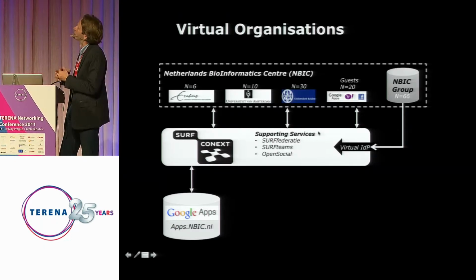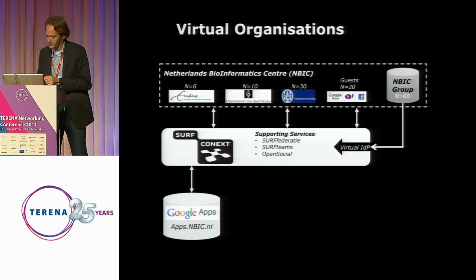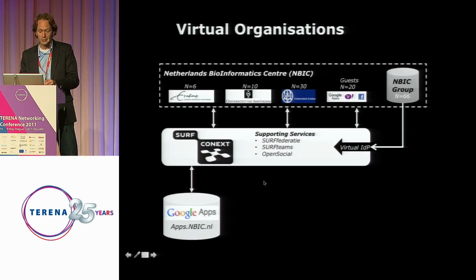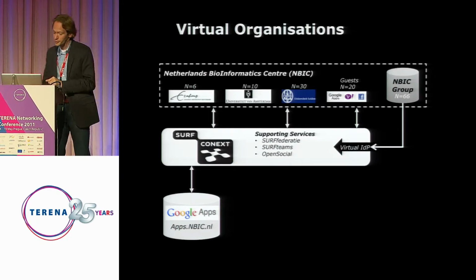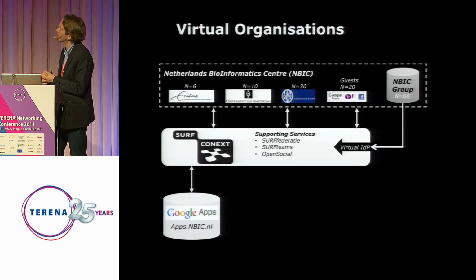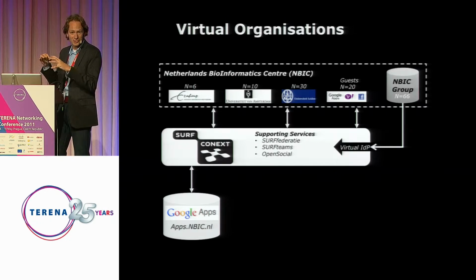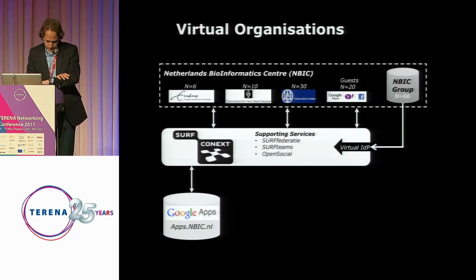And then SurfConnect, the middleware, can act as a single SAML endpoint for Google Apps, because I know they're using Google Apps. They're paying for it. So this means that users from these different institutions can use their institutional account, but start using Google Apps or maybe other bigger cloud applications that only support single SAML endpoints and start working in this single environment. Well, to give you an example, 5 minutes left.